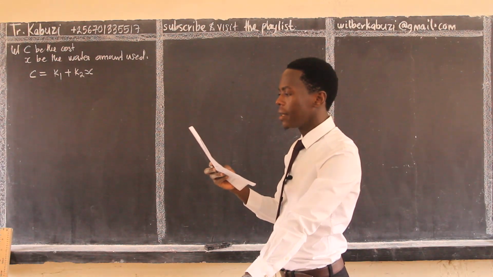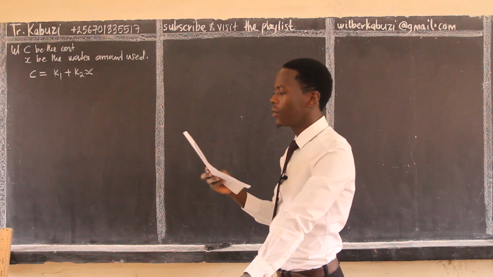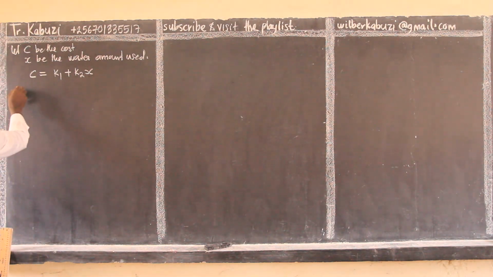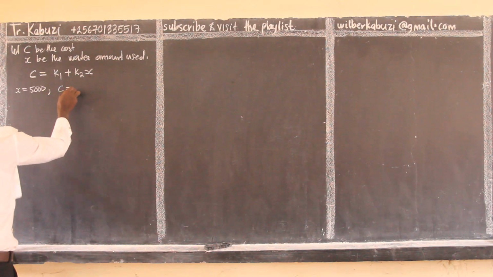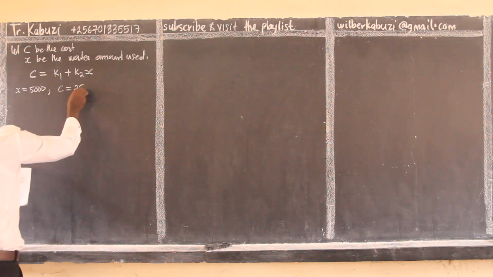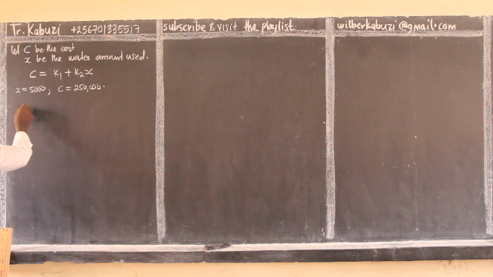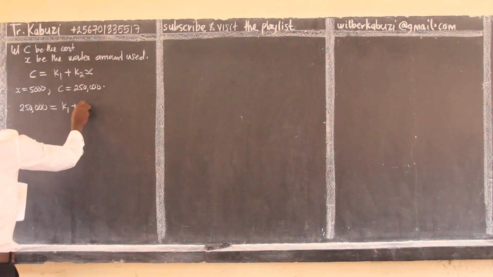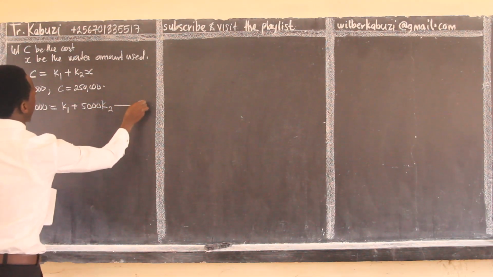They are telling us that it was observed that irrigating a small farm using 5,000 liters of water, so when X is 5,000, the cost is 250. So we first substitute here. Call this one equation 1.